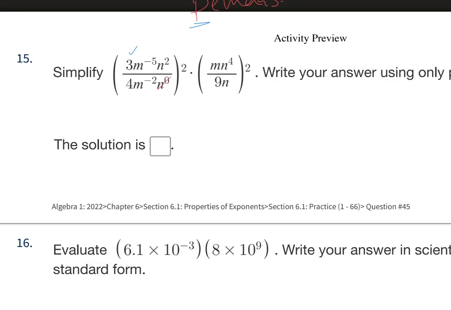So 3n squared, because those two are going to be the same. 4 on bottom. And now that's going to change. I suppose we could have really not taken our time with this; we could have subtracted them, because it would have been -5 minus -2, and we would have gotten -3.